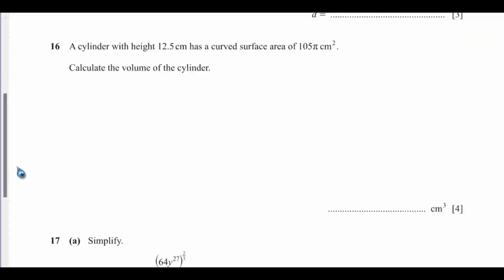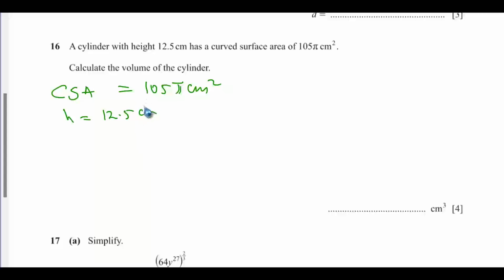A cylinder with height 12.5 centimeters has a curved surface area of 105 pi centimeter squared. So let's denote the curved surface area by CSA to be equal to 105 pi centimeter squared, and the height H to be equal to 12.5 centimeters.